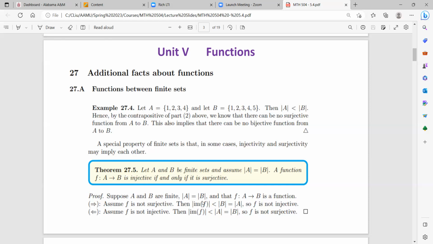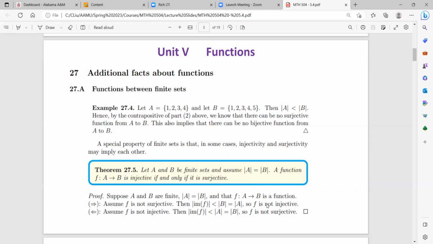Then the image of F will be strictly a subset of B because it's not surjective. So the size of the image of F will be less than the size of B, but the size of B and A are the same. So then the image of F will be less than the size of A, right?